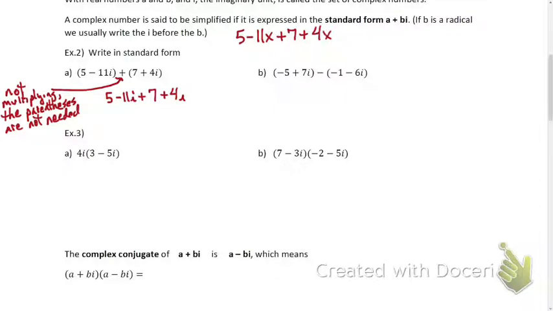You would add the constants, 5 and 7, and you would add the i's or the x's, negative 11x plus 4x. So it is the exact same process. That would be that one. This one here, the actual problem, would be this.